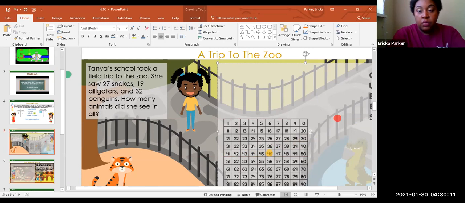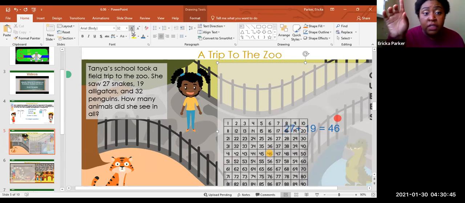Okay, so let me write this. 27 plus 19 equals how much? What is that yellow dot on? 46. Okay. So now we've got to do what with these penguins?